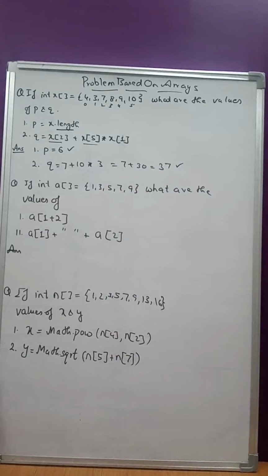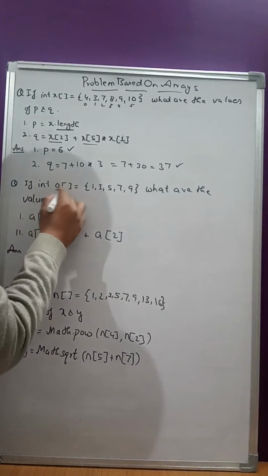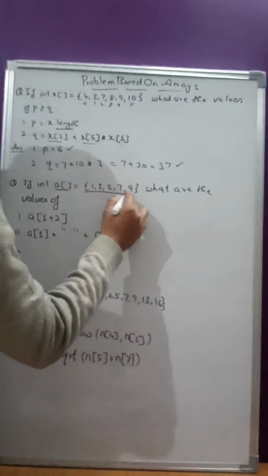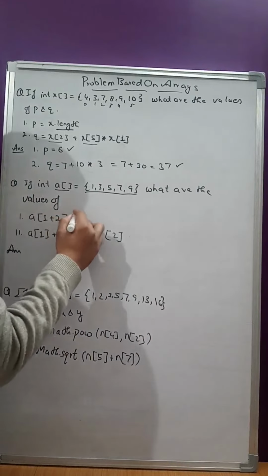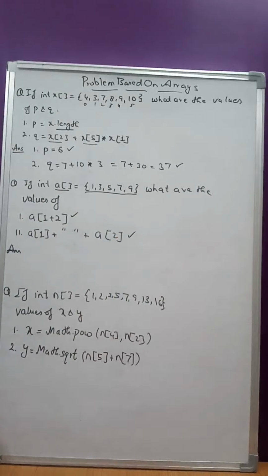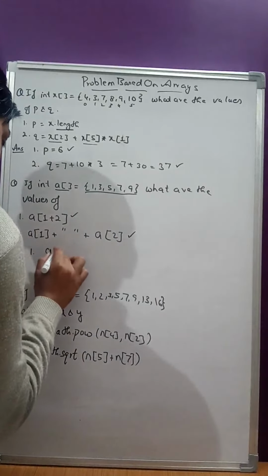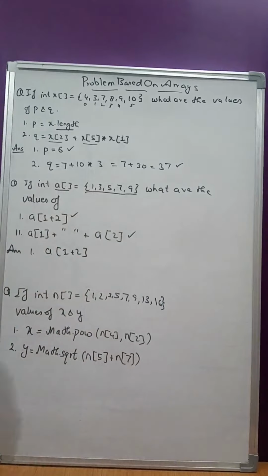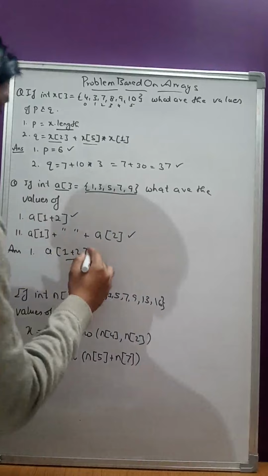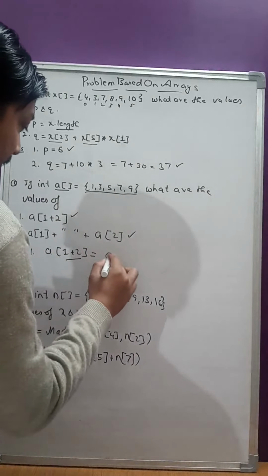In the next question you have an array A, and in parentheses the elements are written, right? What needs to be done is to calculate the value of this particular expression and this one also, right? In the first expression it is written as A of 1 plus 2. So normal arithmetic operation will occur inside the square brackets, and the final value will be A of 3.